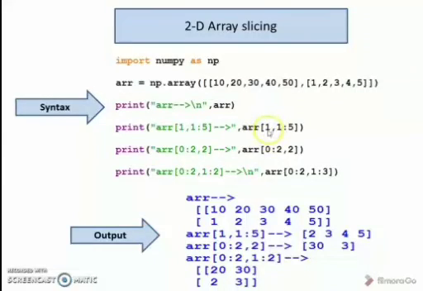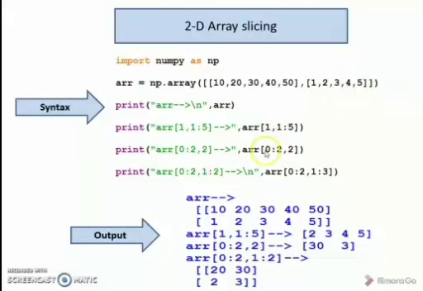So 1 means we are accessing the second row, and from the second row we are taking elements from index 1 to index 4, right? So the output will be the second row elements from index 1 to index 4. So it will get 2, 3, 4, 5, right?